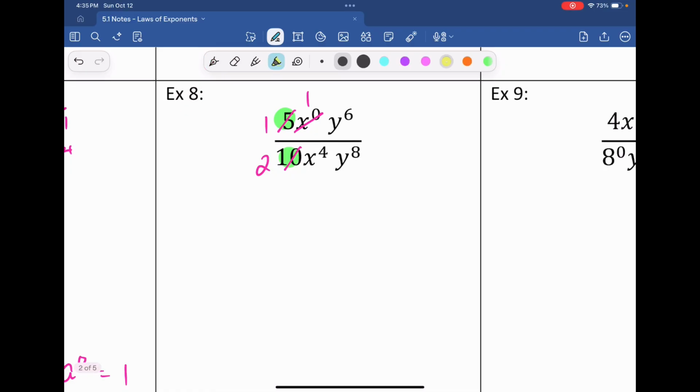Then you have y to the 6th divided by y to the 8th. 6 is the smaller exponent, so bring it down, subtract. All you have left in the denominator is a 2, x to the 4th, and then y to the 8 minus 6, y squared.